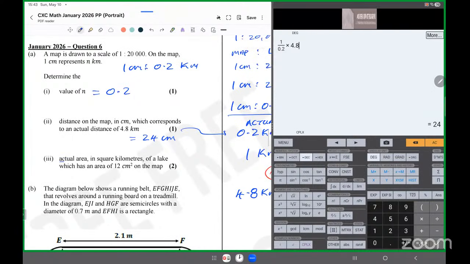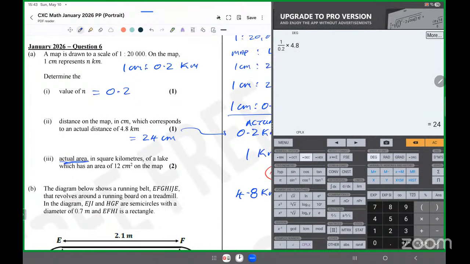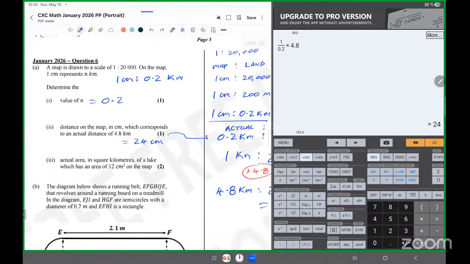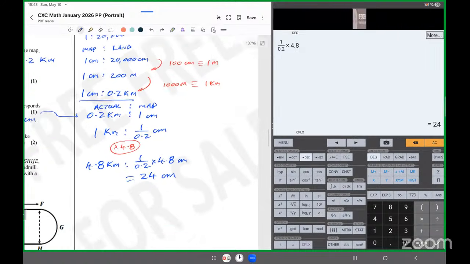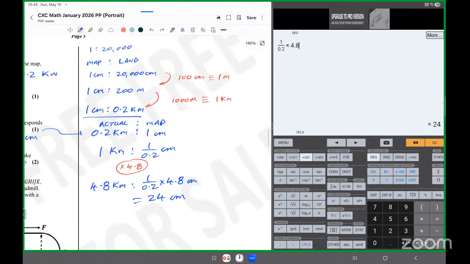the actual area in square kilometers of a lake that is 12 centimeters squared on the map. So remember now, when you have a map, when you have a distance scale, and want to convert it to an area scale, you're going to square it. You have to square the distance scale. Let's do it right here.